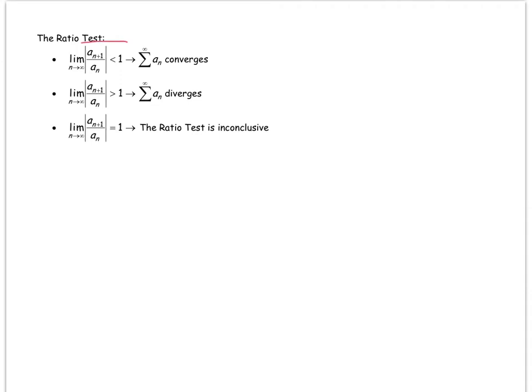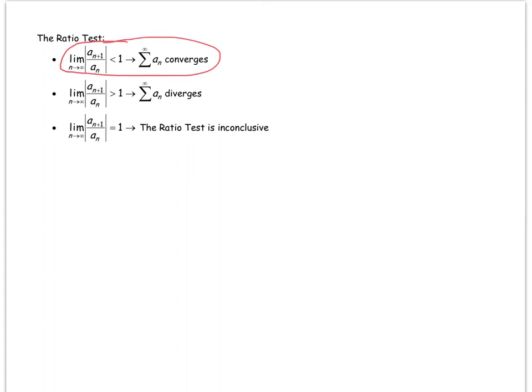This says that if you look at the limit as n goes to infinity of the ratio of successive terms, if that's less than 1, what that is telling us is that while the sequence might not be geometric, if the ratios are leveling off at something less than 1, that means that in the long run it's going to be behaving like a geometric sequence that produces a converging geometric series.